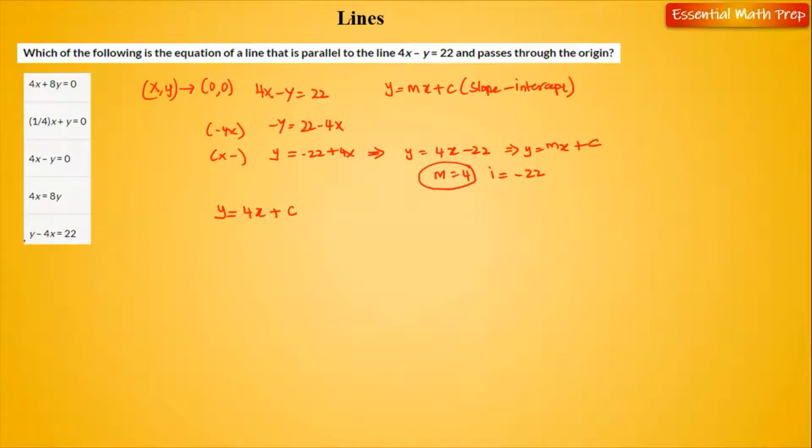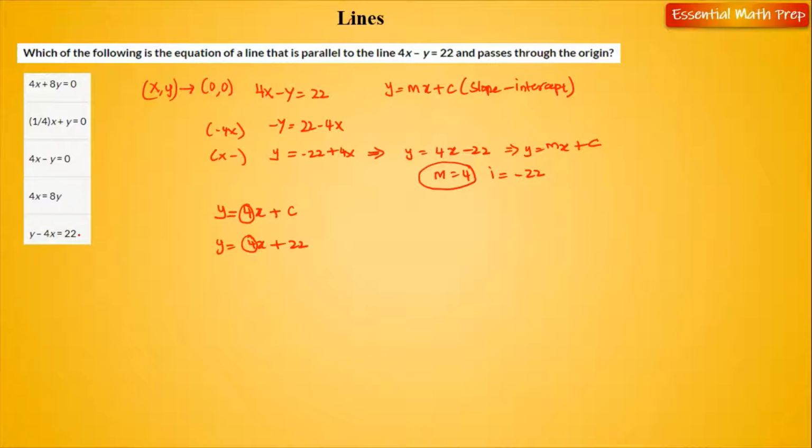You can rewrite this as y minus 4x equals 22, right? So that would make you believe, okay, the 4 is constant. So this is for the given line. This is for the choice we're trying to figure out. They have identical slope. So you may be tempted to pick this as the correct answer, but that is incorrect.